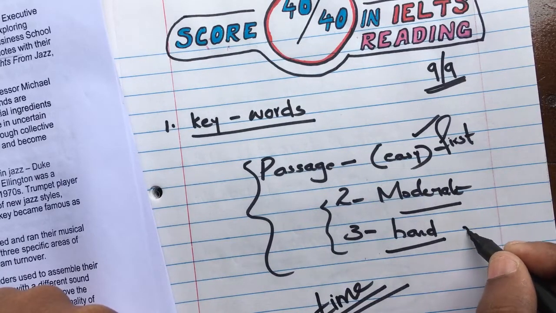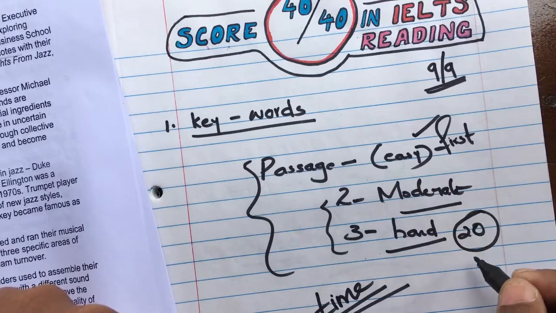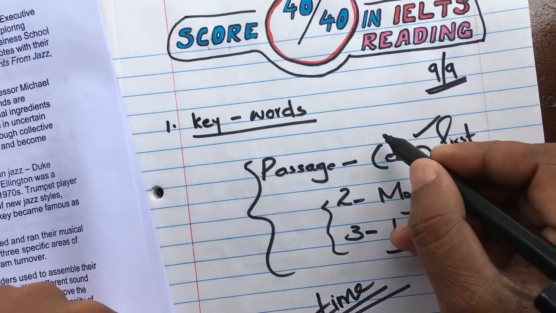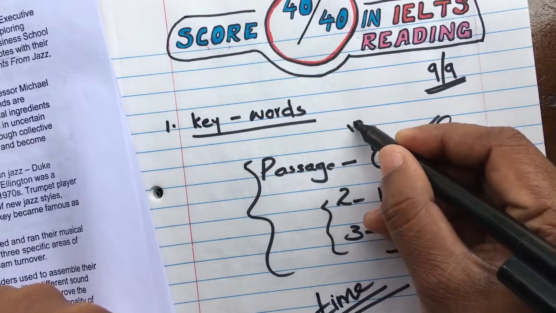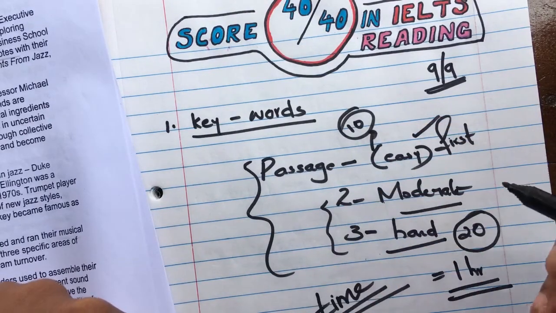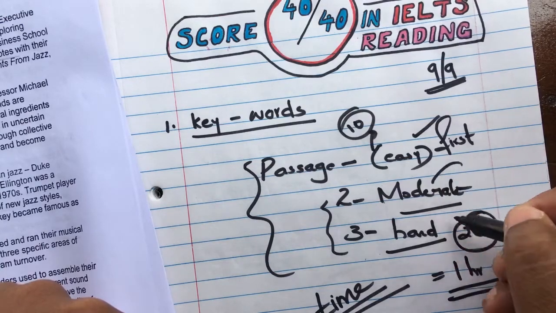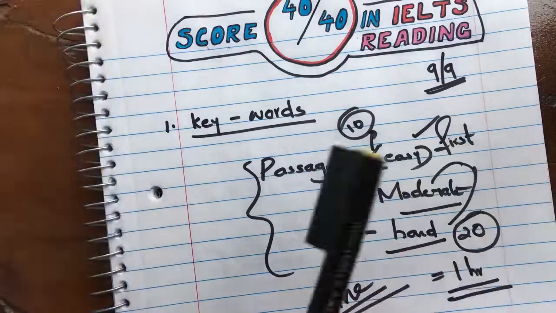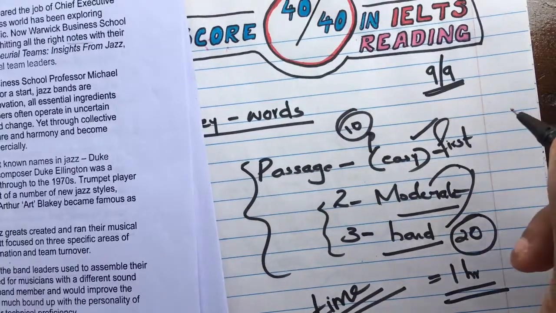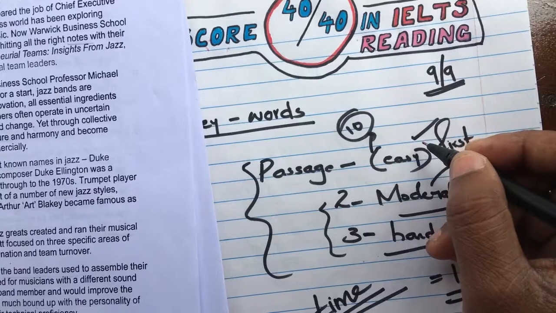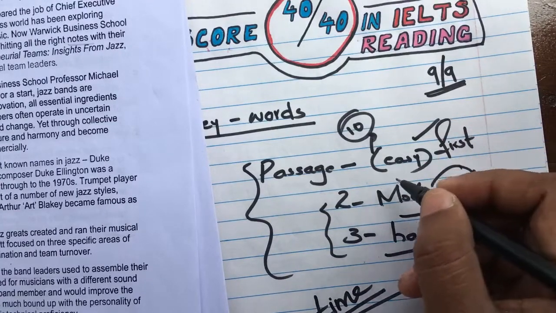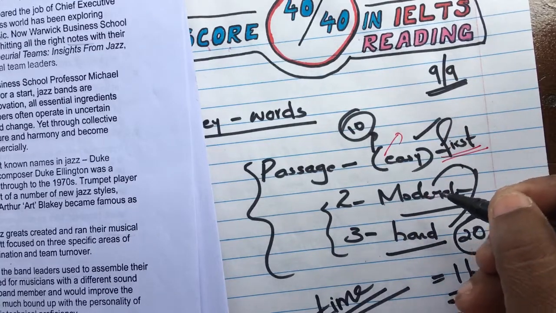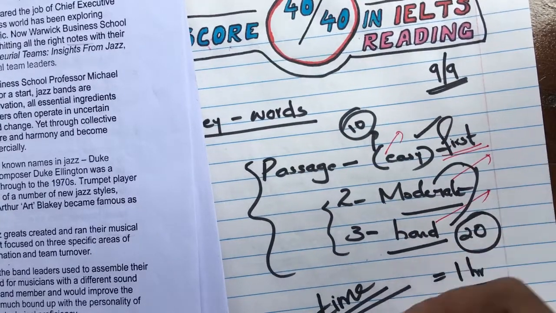Exactly, you will get 20 minutes for each passage, and together you will get just 1 hour. Okay, so you have to manage the time, and if you spend just 10 minutes on this first easy passage, you are going to save more time on these 2 tasks. Okay, so that's my opinion for this task. And of course, I practice using the same tip, and I always go for the first and easy one, then I move to the moderate, and then to the hard one.